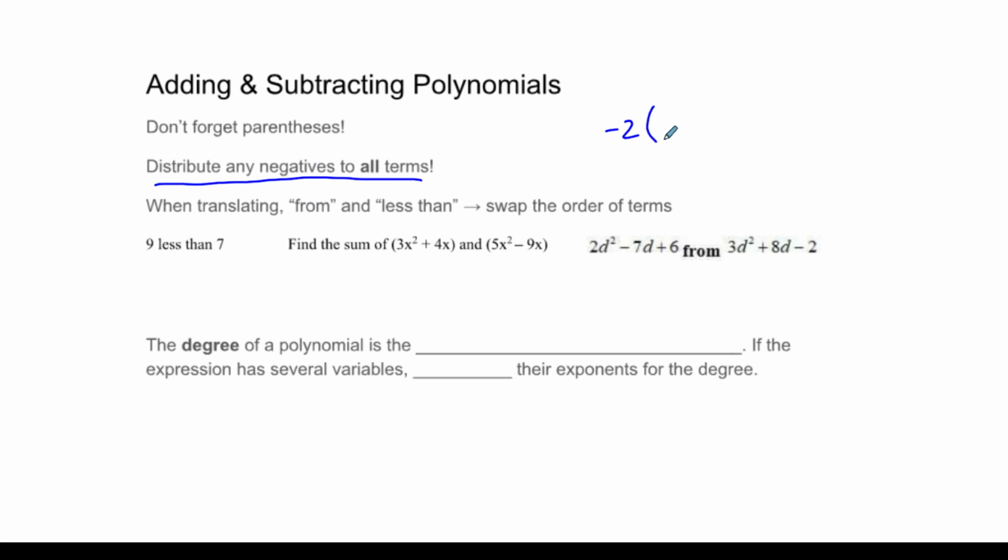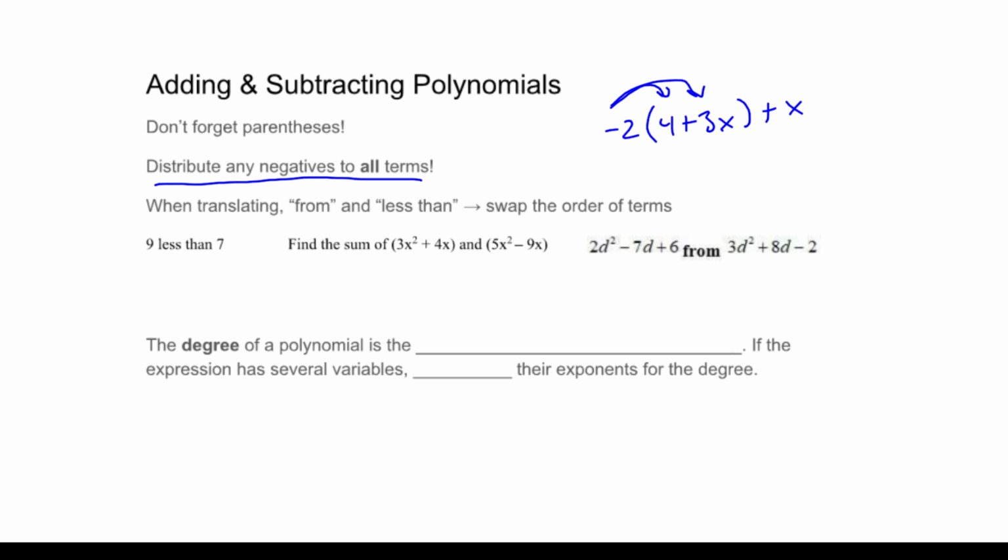That last one, that -2 times whatever times 4 plus 3x, right? How we distributed the negative as well as the 2. Okay, super important.